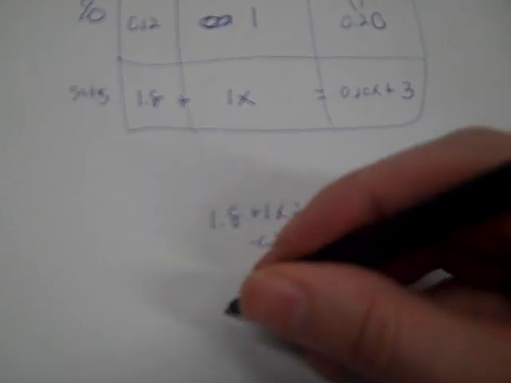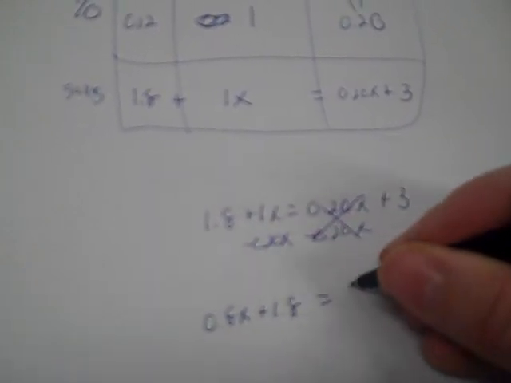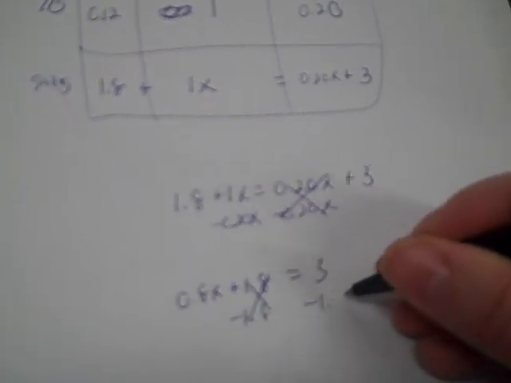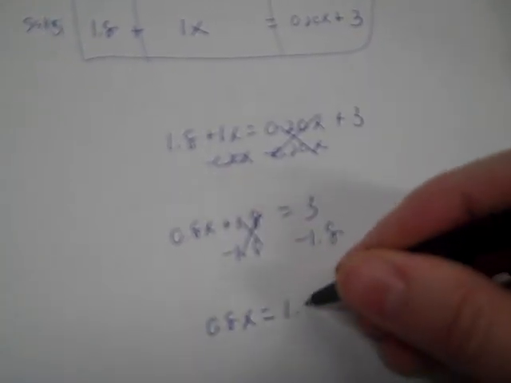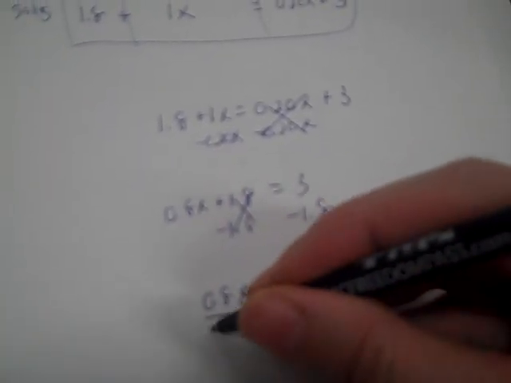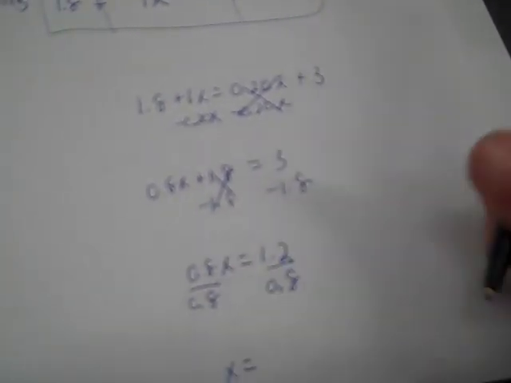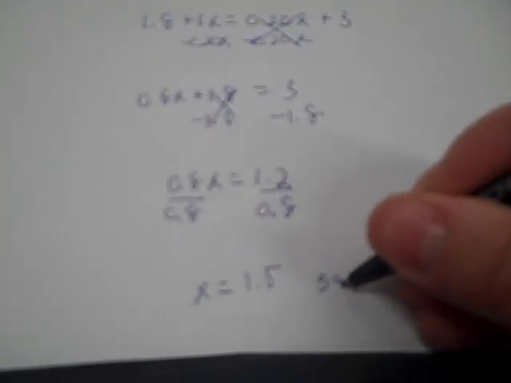And that's 0.8x plus the 1.8 equals 3. And then subtract 1.8 from both sides. 0.8x equals 1.2. And then divide by 0.8. And I think that's 1.5, but I'm not sure. Yep. So 1.5 gallons of the syrup.